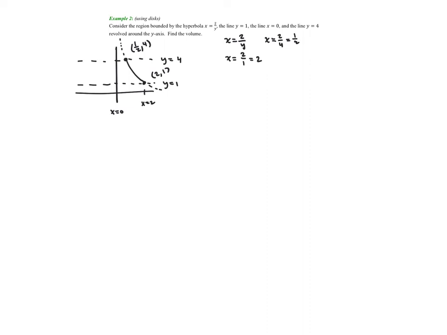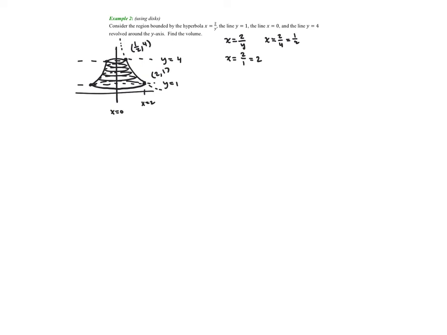I'm going to revolve this around the y-axis, taking these symmetrical points, and create almost a volcano looking space. And you can see again, we're going to have this disk method showing up and being created.